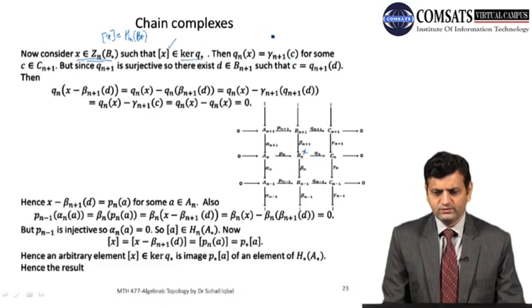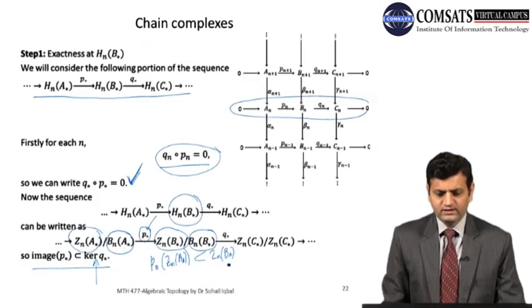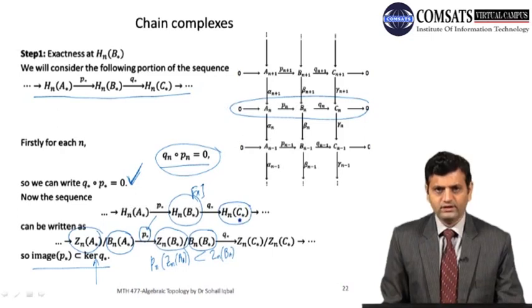Because Q star of this is equal to 0. Let's go back. We are saying that this element X of Hn B star, when we apply Q star on it, gives an element of Hn C star, and it is 0 over here.